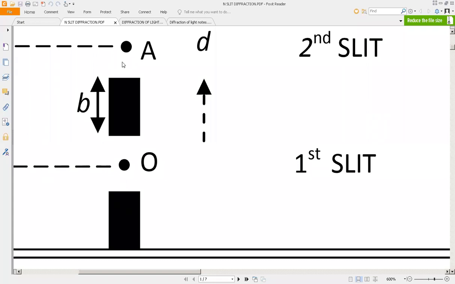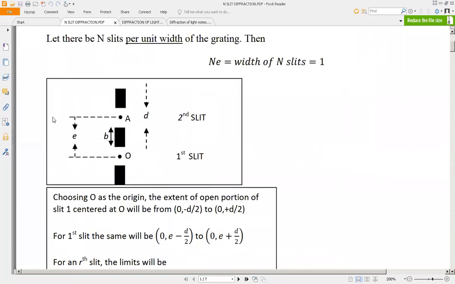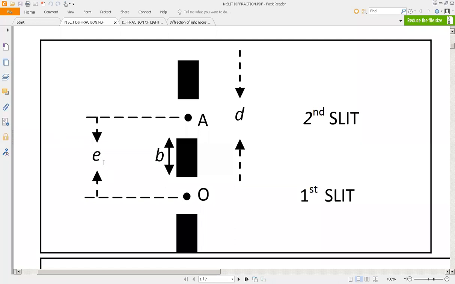So is it not d by 2 plus b plus d by 2, which is b plus d? Pujita, you are right. So b plus d. So immediately you should understand that no matter whether I write e or I write b plus d, they are one and the same. Okay. So e equals b plus d. That's what I want to deliver here.